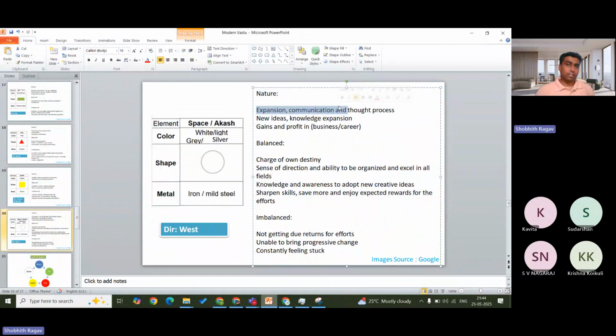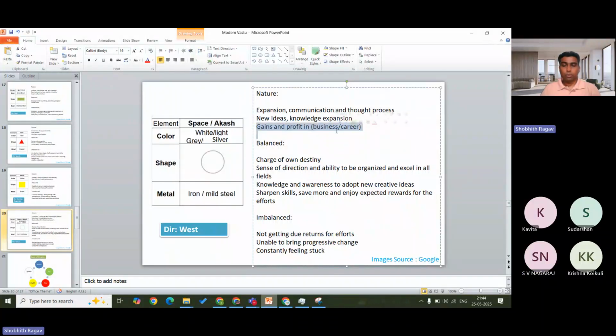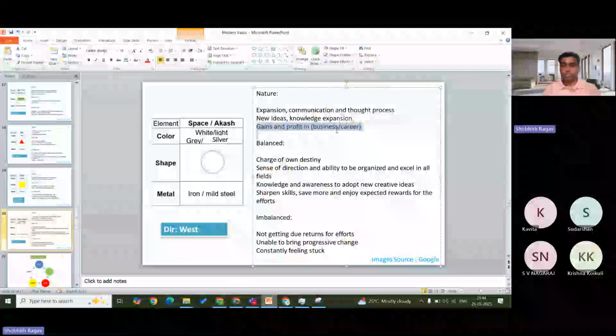That's why it's directly connected to the knowledge areas. Then another important feature of this space element or the west direction is gains and profits. Generally in business, it will give you good gains and profits. If this zone is balanced, you can have good business growth.